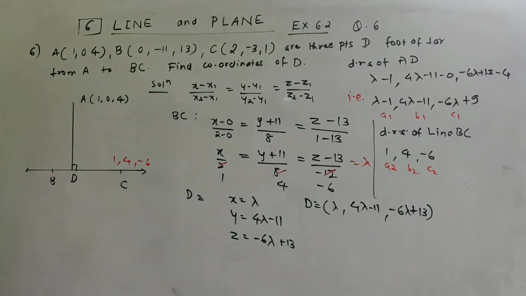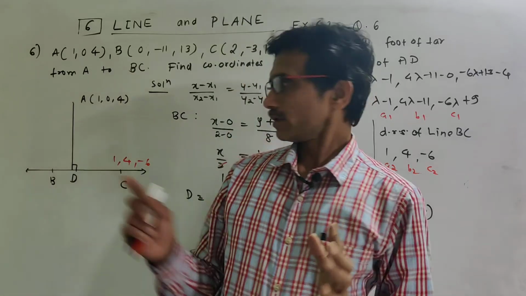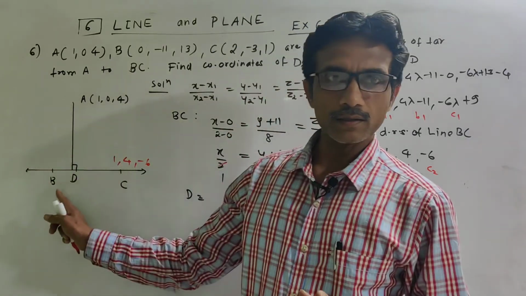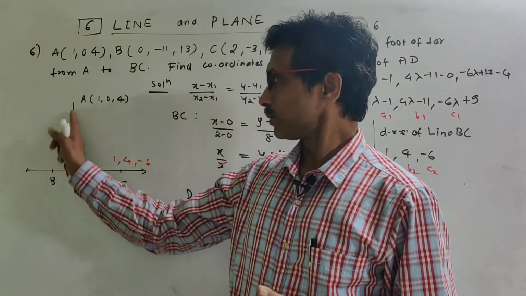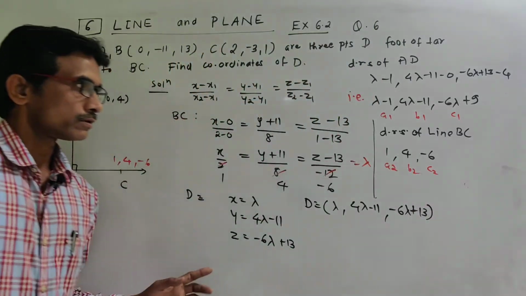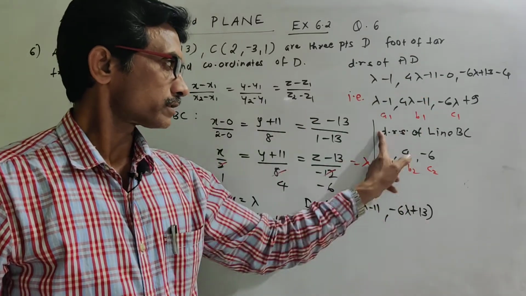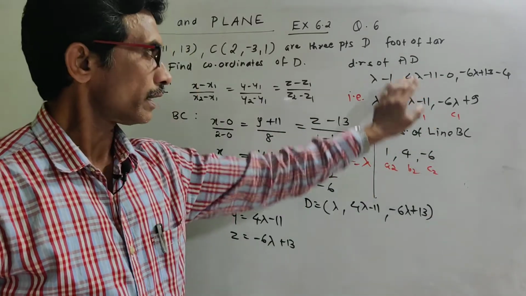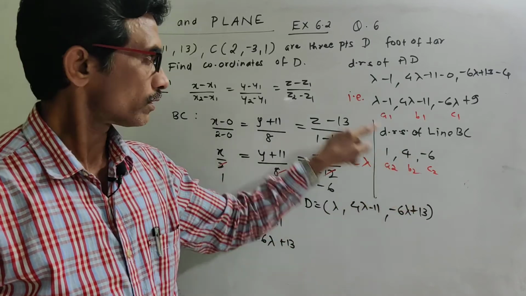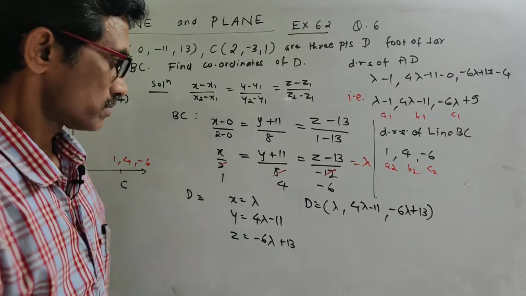Now AD is perpendicular to BC, therefore A1 A2 plus B1 B2 plus C1 C2 is equal to 0.